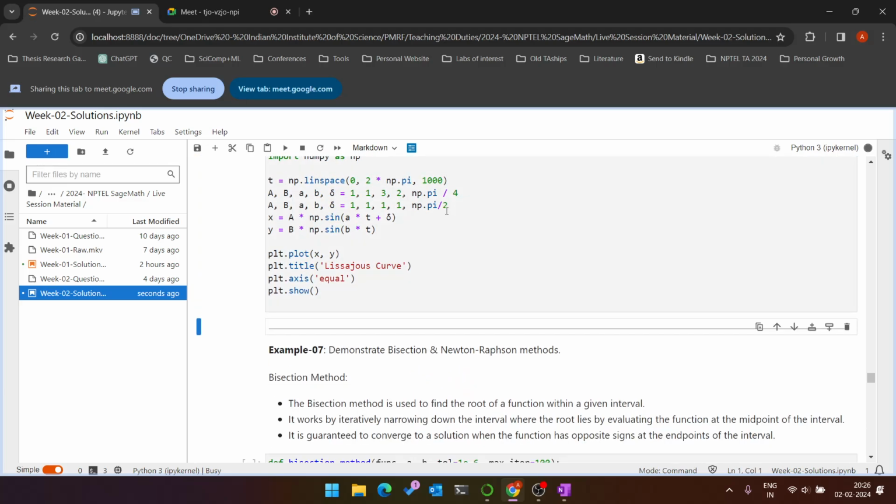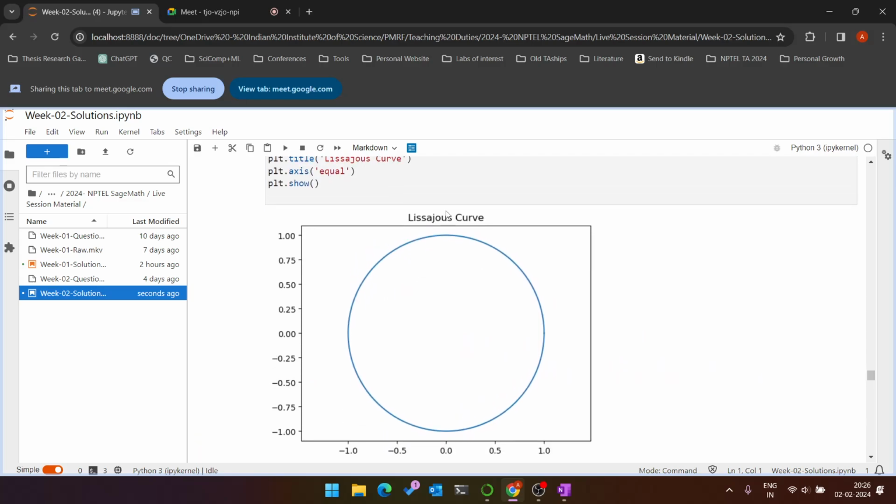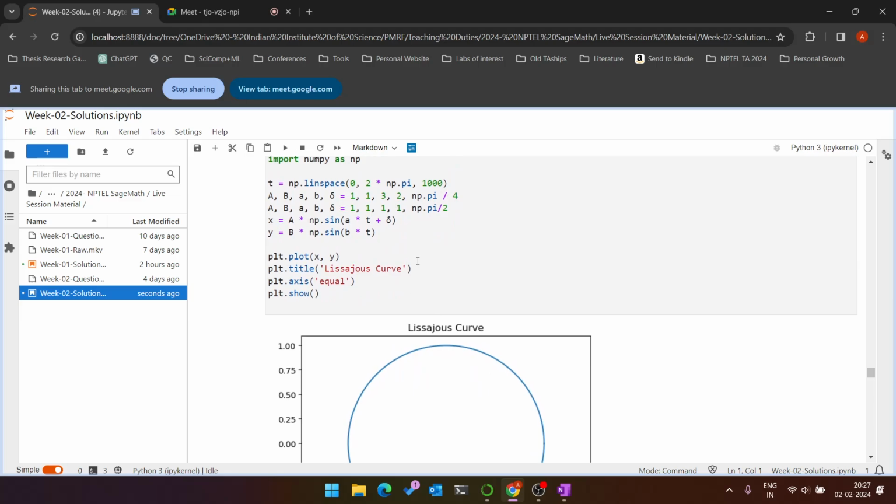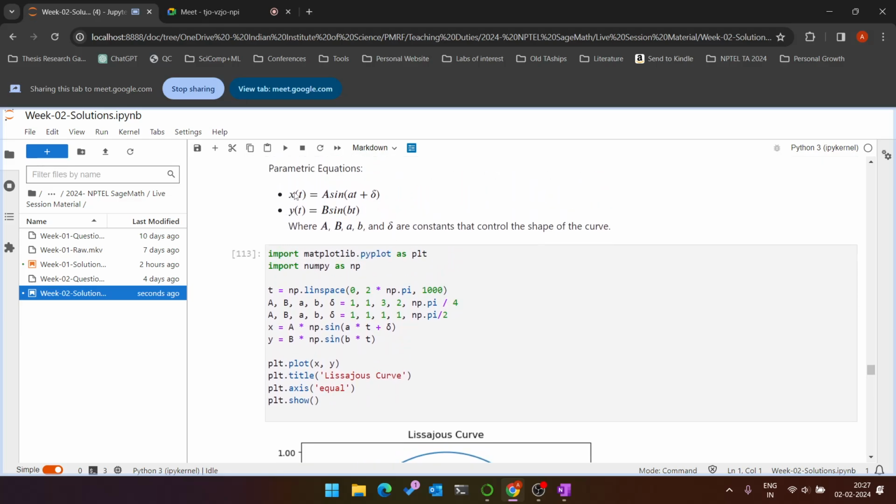I go back to this. Basically now it has become a case where x of t is ahead of y of t by a term pi by 2. So you basically have sine of t plus pi by 2, which is nothing but cos of t.